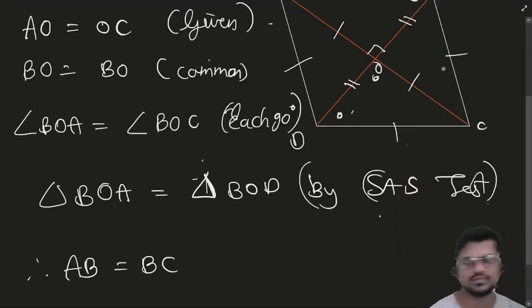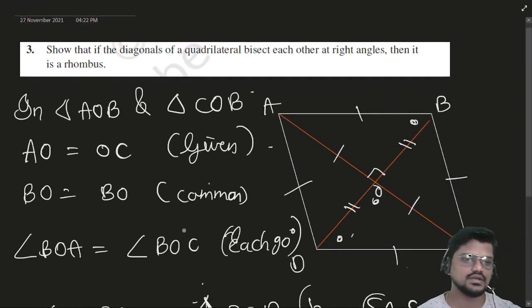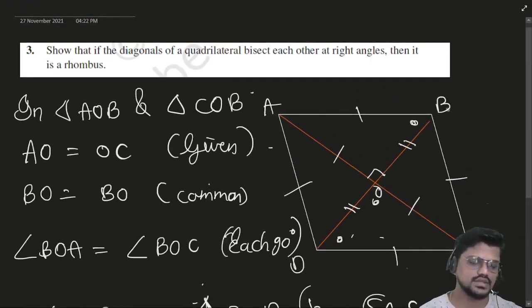Now, if AB is equal to BC, then if these two adjacent sides are equal in a parallelogram, it is a rhombus. This side is also equal to this side. So all of them are equal, and finally we can say it is a rhombus. Clear?